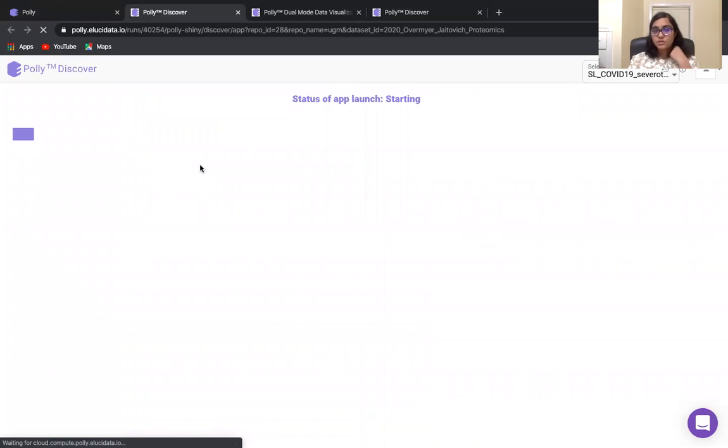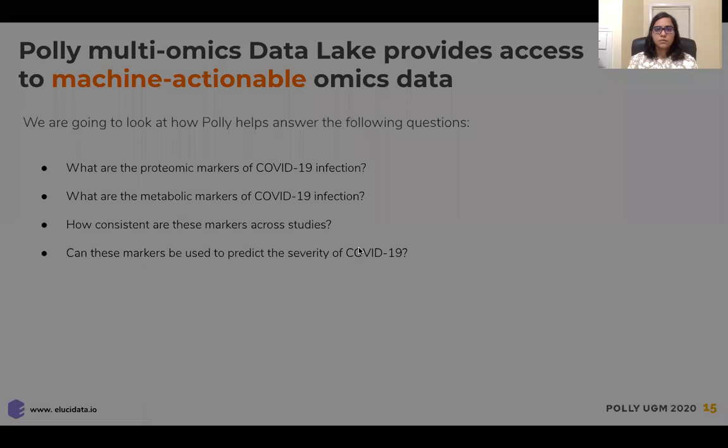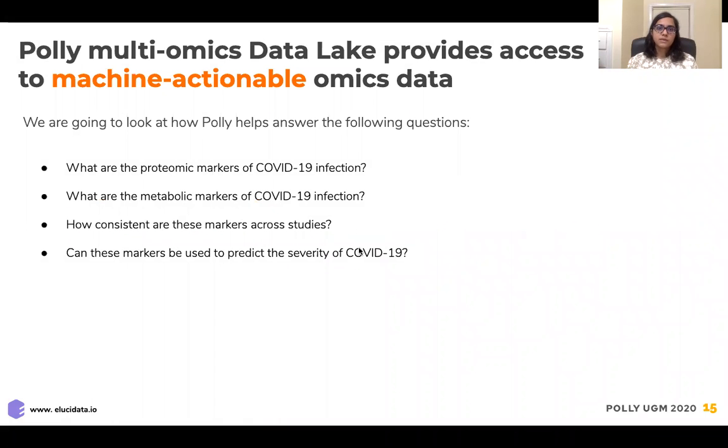While the application is launching, I want to go back to the presentation and take a few minutes to talk about what these data are and what we expect to see today. We're going to use Poly data lakes to answer 4 different questions. We are going to see what proteomic markers of COVID-19 infection are.